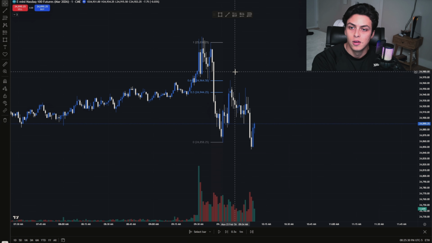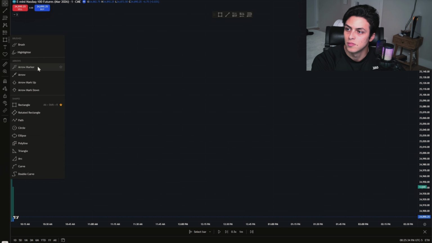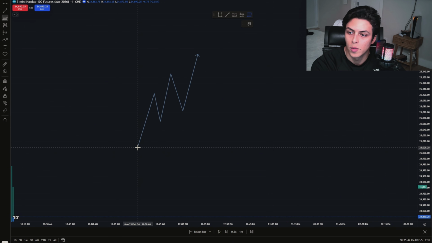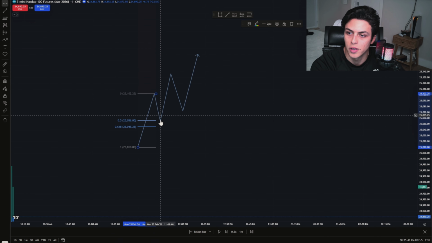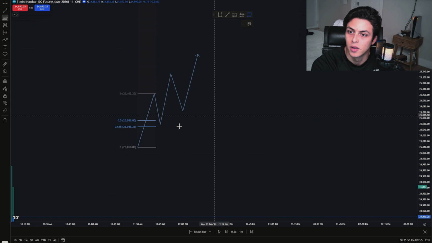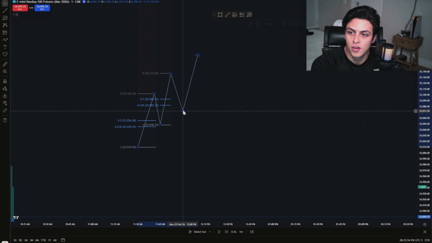Okay. And just to show you guys kind of how this works, and even simpler than this, okay? Even simpler. Get the path tool. We're gonna mark out swing low to swing high, okay? Price is always going to retrace into equilibrium, no matter if you're just continuing in a trend. If you're in an uptrend, you're always gonna want to see price tap into equilibrium.